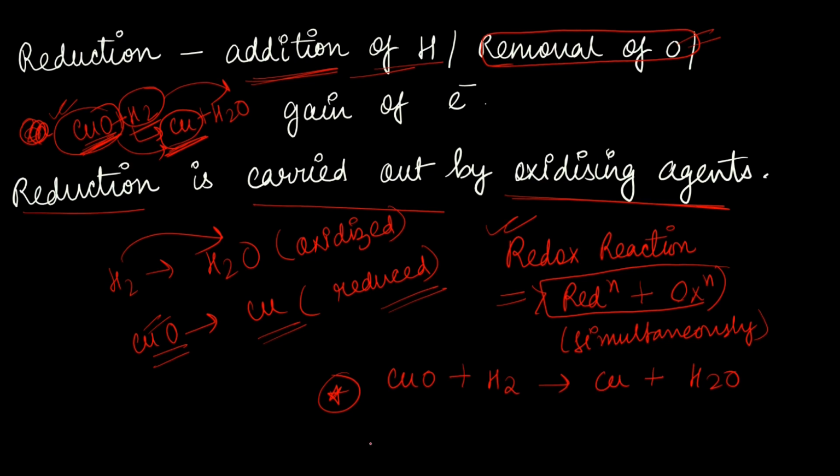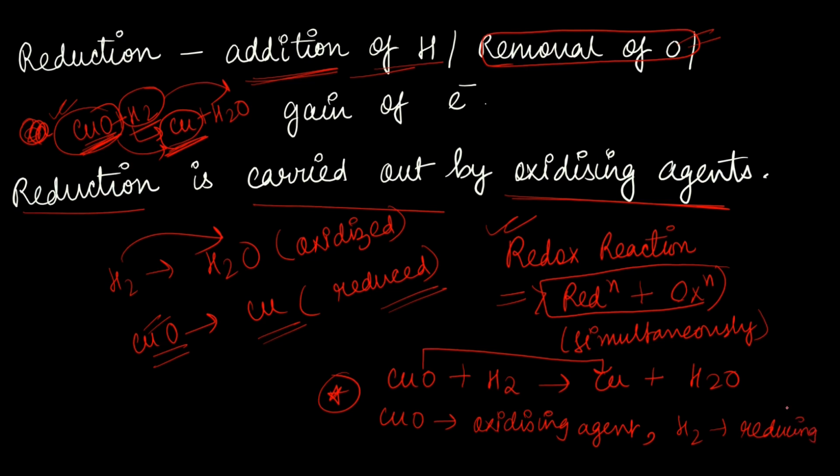As you have seen, CuO is getting reduced. So here CuO is the oxidizing agent, and H2 is the reducing agent. That's it. This is all that is required for your information.